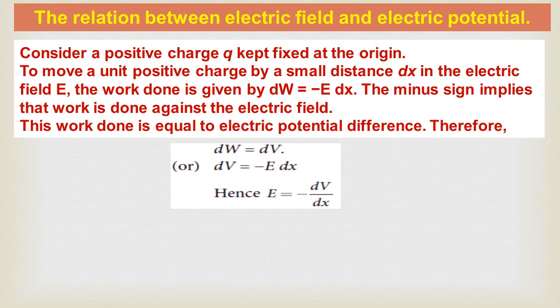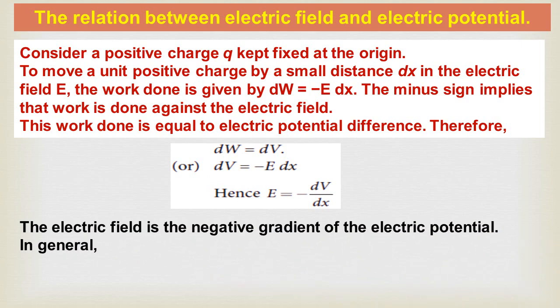This work done is equal to the electric potential difference. Therefore, dW, the work done, is equal to the electric potential, and the electric potential dV is equal to minus E into dx. Hence, taking E on the left hand side, you can put dV divided by dx. Therefore, E is equal to minus dV by dx.